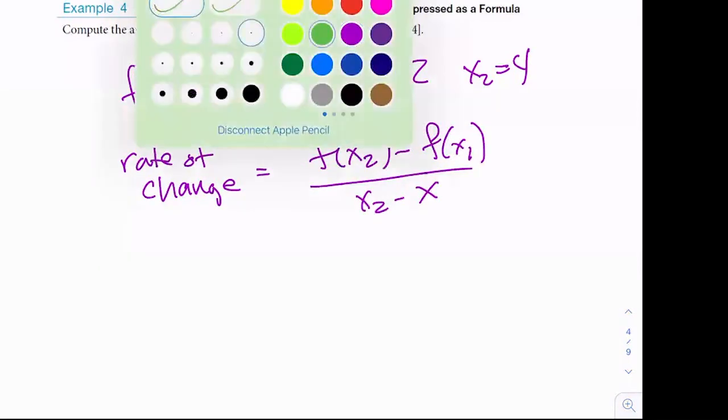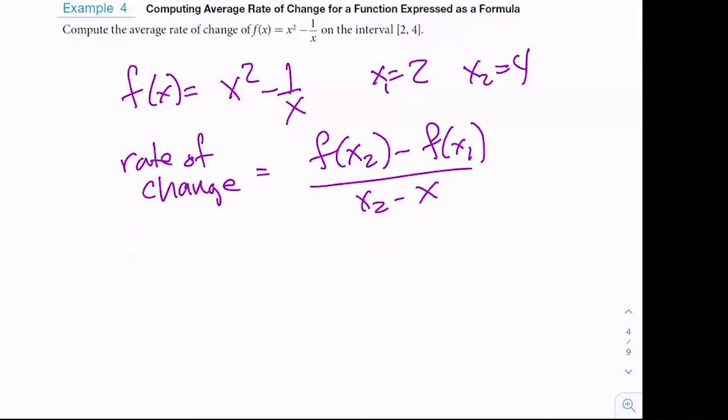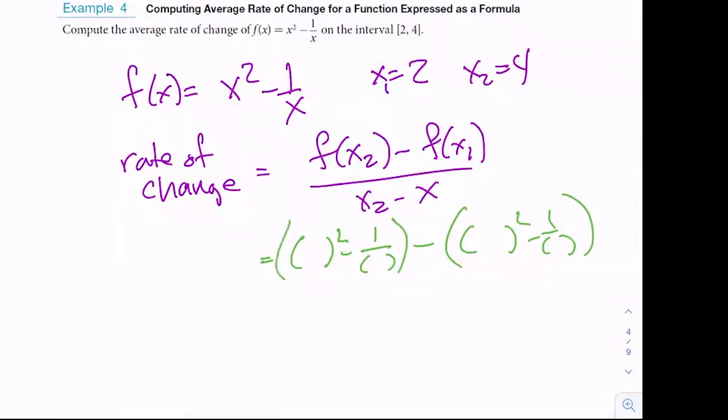And then all we do is plug in the values for the rule and see how that works. So the rule is the value squared minus 1 over the value. And then we've got minus the other value squared minus 1 over the value. The important thing is to put each part in parentheses, because since you're subtracting, that will remind you to distribute the negative sign as you go.